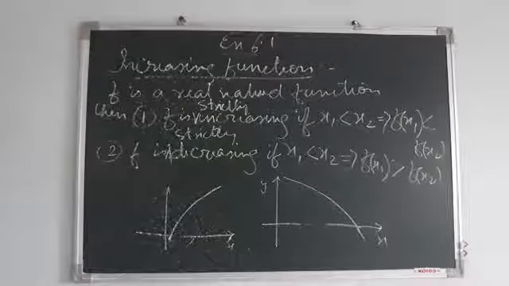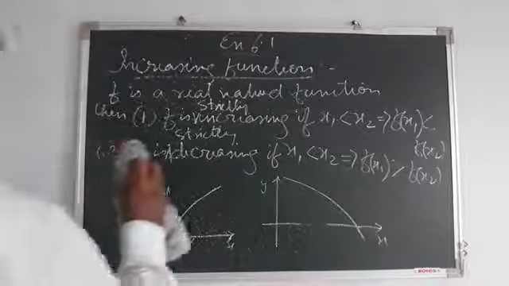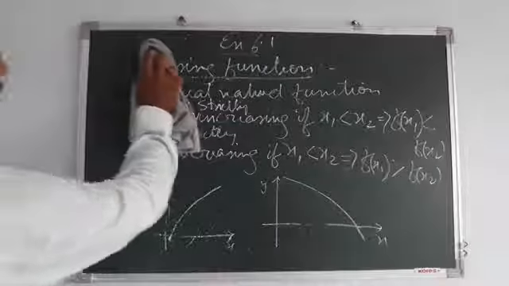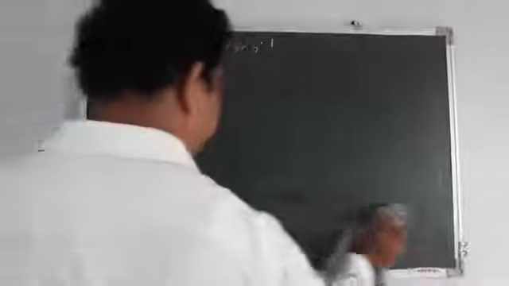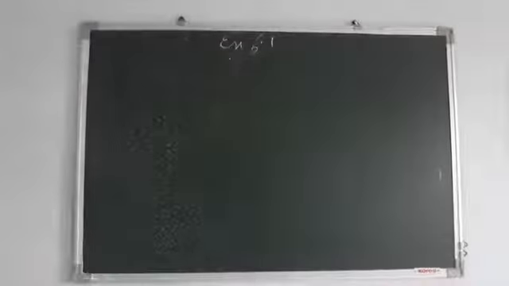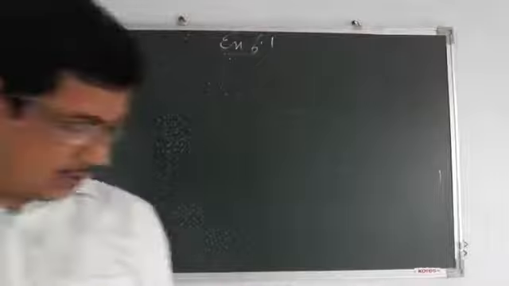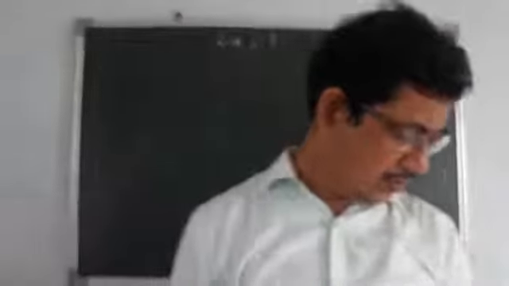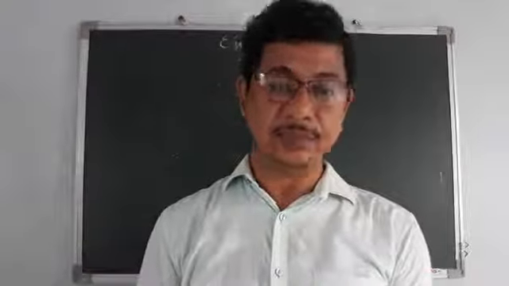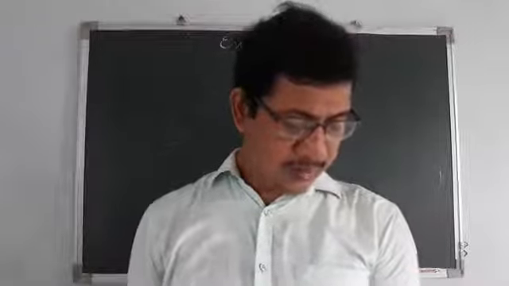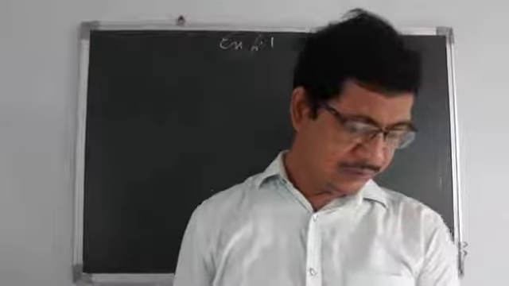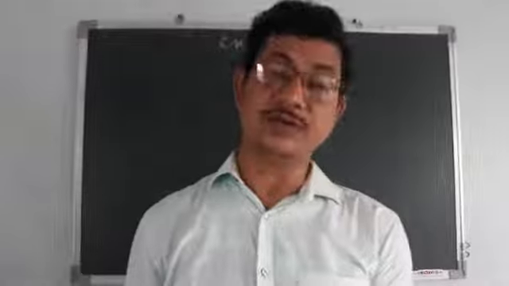Now, there are rules, because we have done increasing function and decreasing function both at a time. Now, if f dash x greater than 0, then it is increasing and strictly increasing in AB. So I will write that theorem.